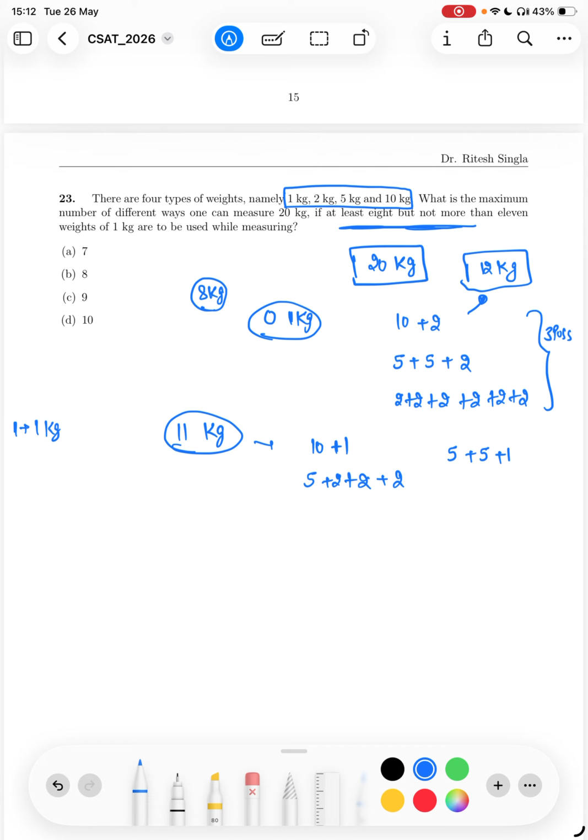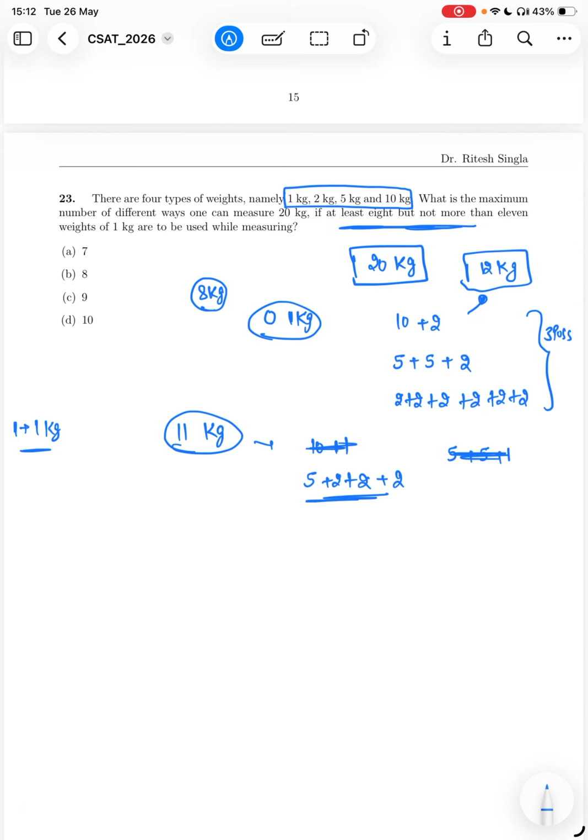But not more than 11. Yes. So in order to complete 11 kgs, I can do it. Okay, I cannot use 10 plus 1 and 5 plus 5 plus 1, sorry, because I have fixed that I will only use one 1 kg weight. I have fixed it. So the only possibility left is 5 plus 2 plus 2. So one possibility is here.